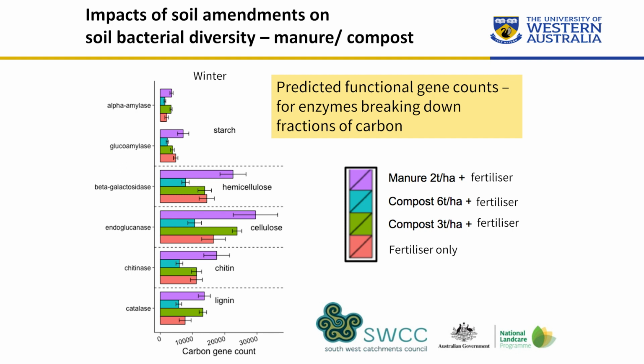So you need different enzymes to bust up these carbon molecules. And this is just the amounts of them. And the colour patterns here where we had treatments in this hectare plot. So we had manure added, compost added at a different lower rate, and fertiliser only.